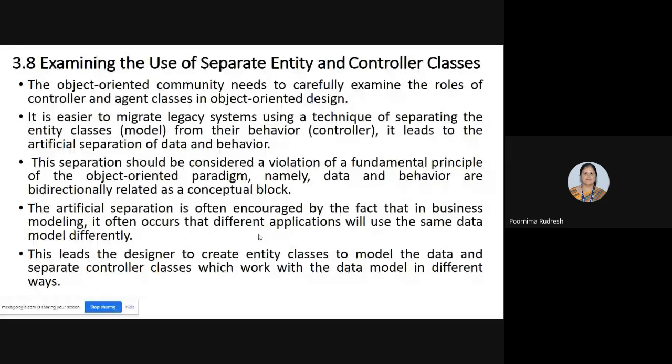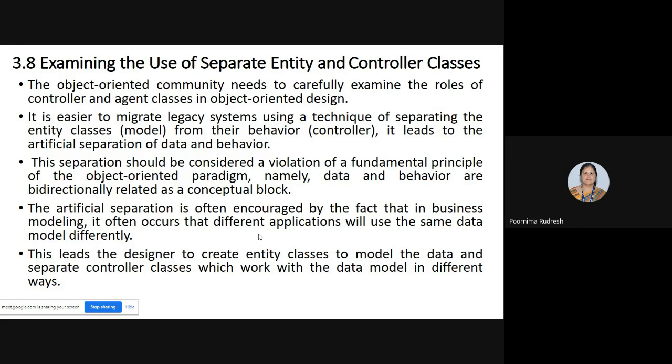Whenever we use the object-oriented approach for design and implementation, the object-oriented community needs to carefully examine the roles of controller and agent classes. That means what functionalities or operations are to be performed by the controller classes, and what operations will be performed by the agent classes.